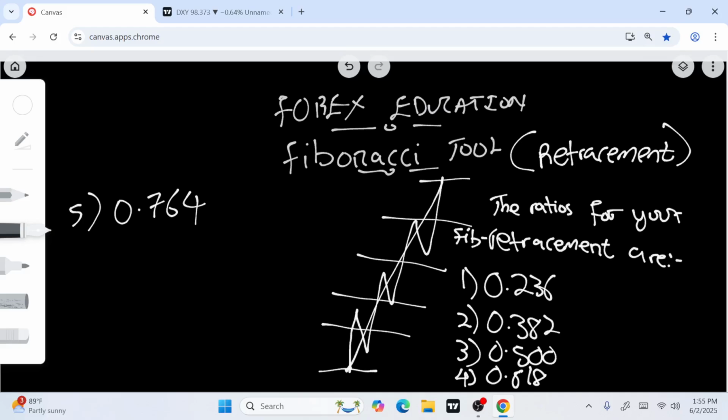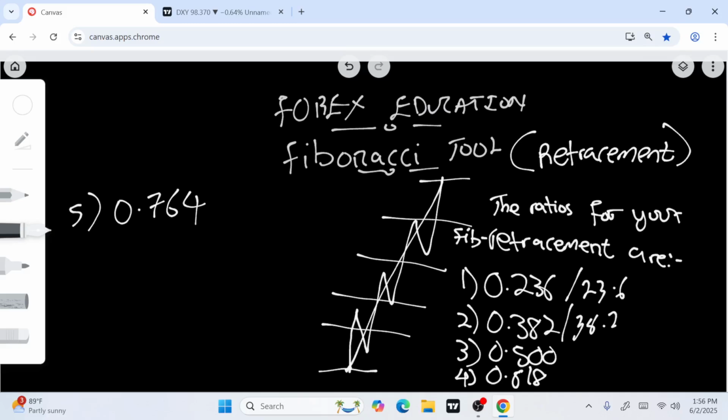Now, in some instances, instead of you seeing 0.236, you can see it as 23.6. Just get the ratio. It's just as if you know how decimals work. Exactly. Instead of seeing 0.382, you can see it as 38.2.